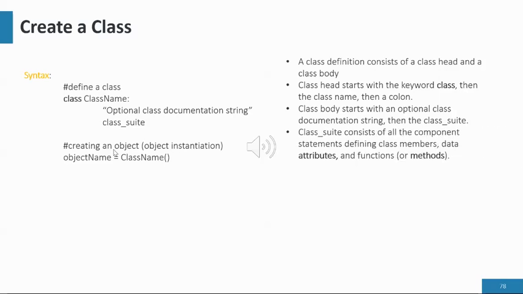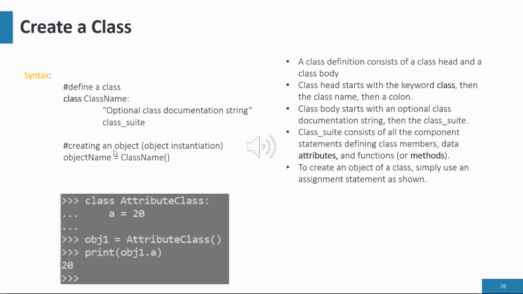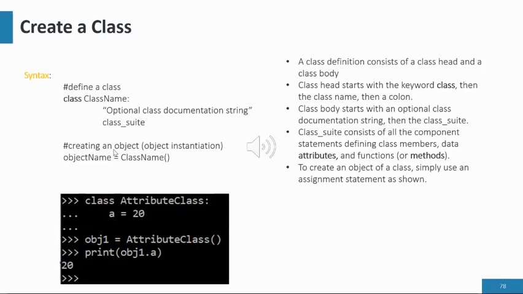The class body starts with an optional class documentation string, then the class suite. The class suite consists of all the component statements defining class members, data attributes, and functions, or methods. To create an object of a class, simply use an assignment statement as shown in the example.